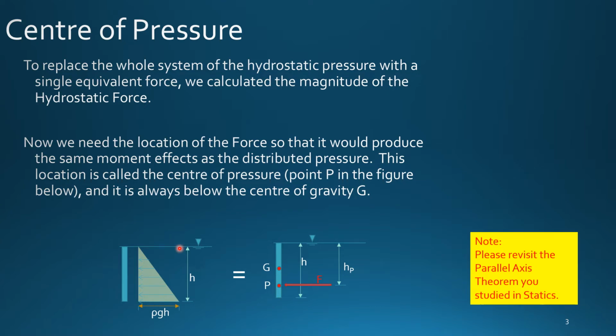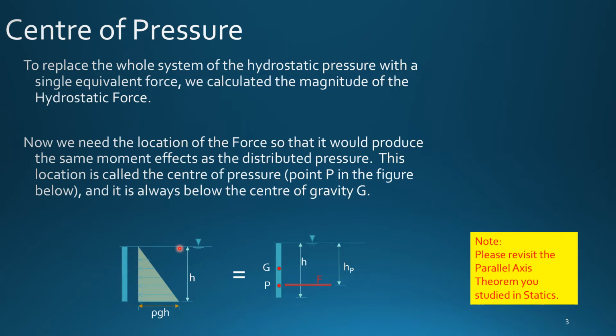We know we can replace several forces by one single force that would produce the same effect on the body, and that force is called resultant force. But to create the same effect in terms of rotation, the angle of force and its distance is also important.